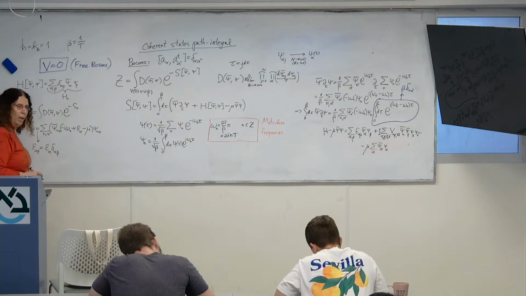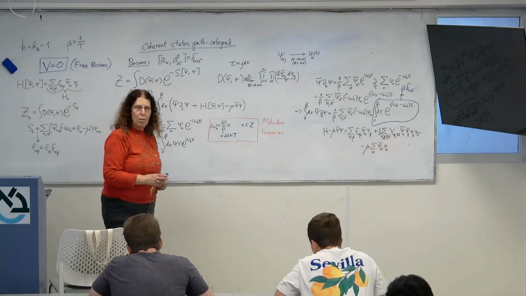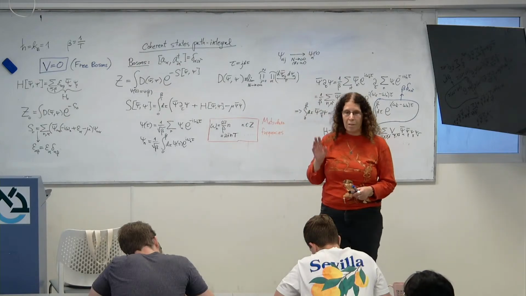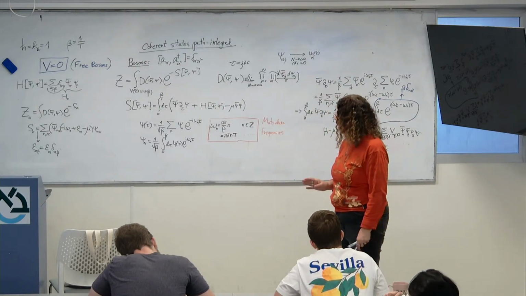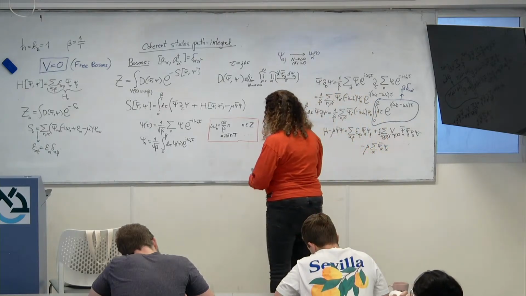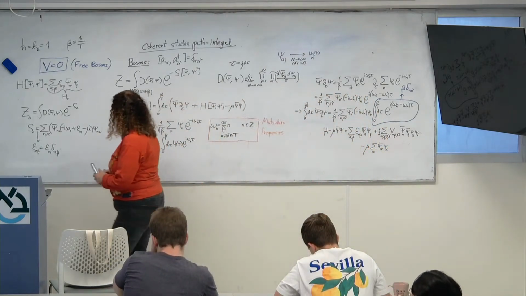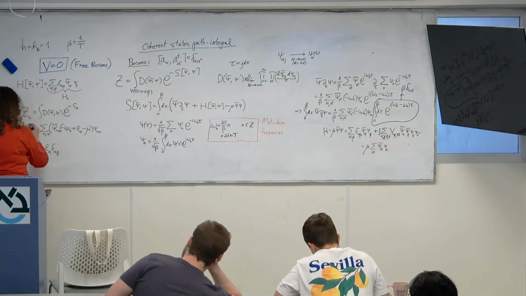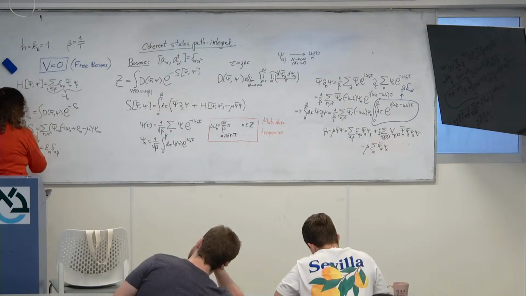And for any case of free bosons, you can choose a set of quantum numbers where the single particle part of the Hamiltonian is diagonal, okay? So what did we get? If you look at this expression, it's actually very simple.